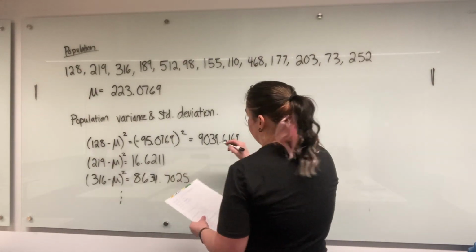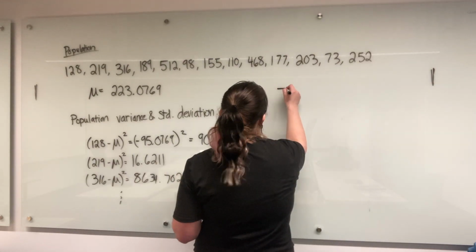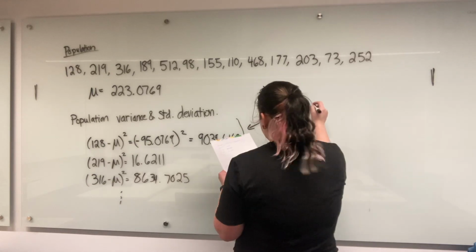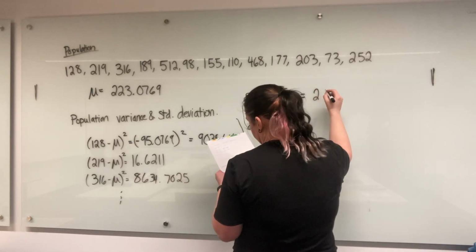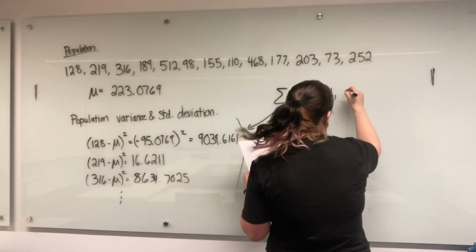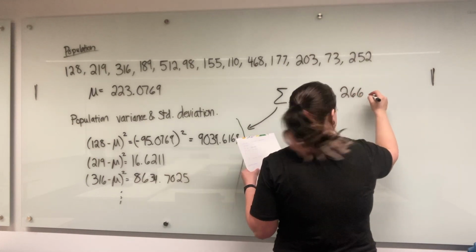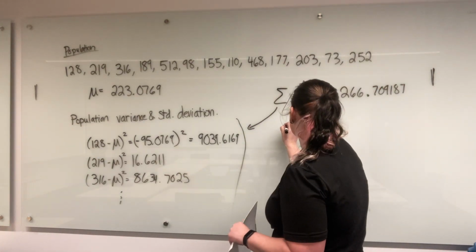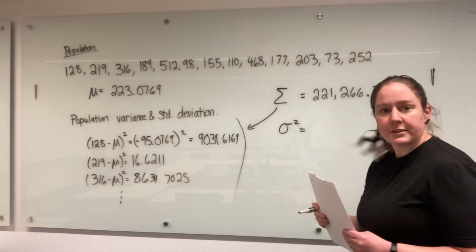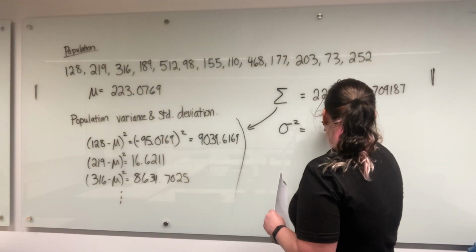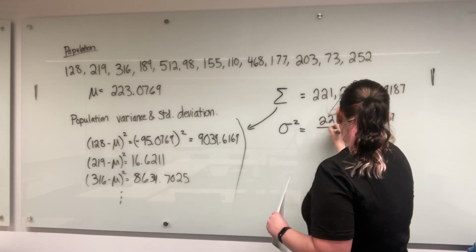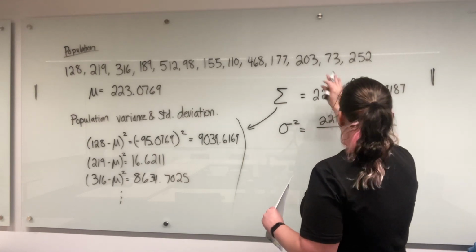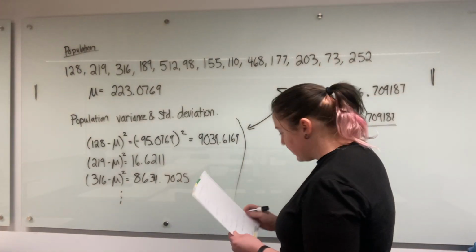So if we add up all of these, the sum of each of these ends up being 221,266.70. That means that sigma squared, our population variance, is this number divided by 13, which is the number of things in our population.